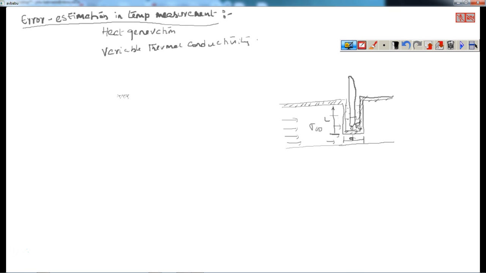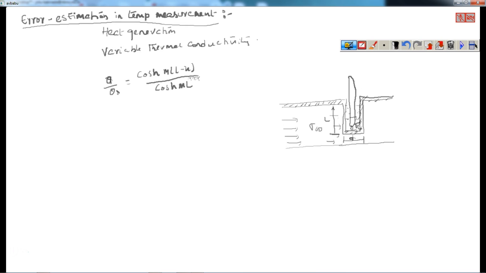In that case, as per the case we discussed earlier, we can write theta by theta 0 is equal to cosh m into L minus x divided by cosh mL. This is the case we have discussed already in our earlier classes.